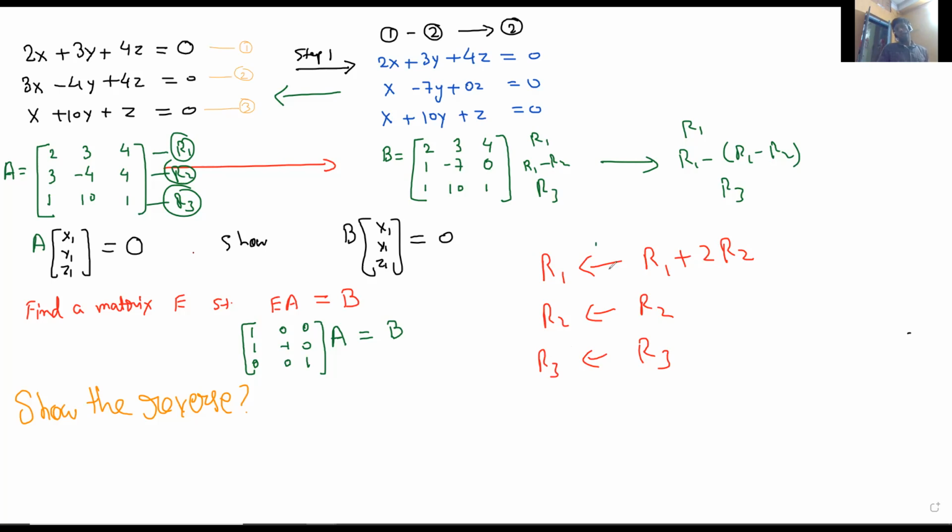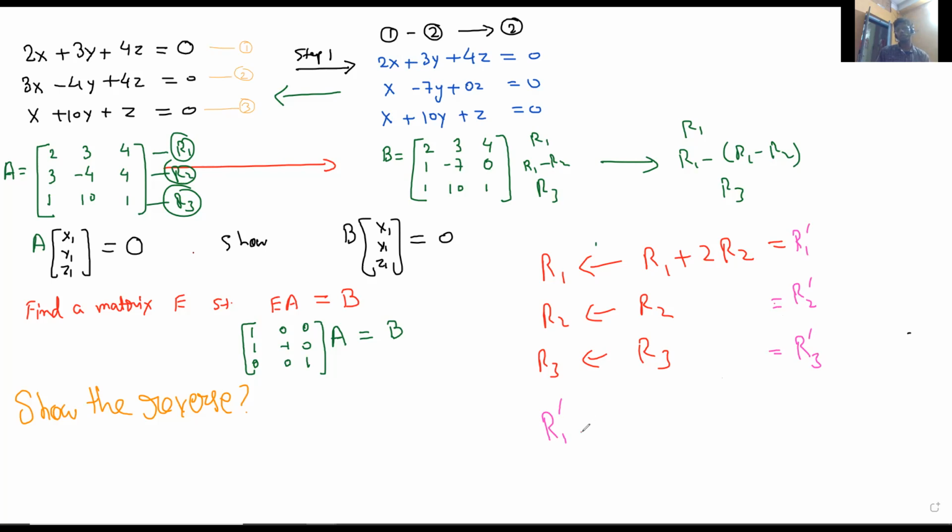So R1 is getting replaced by this. If you want, you can call these R1 prime, R2 prime, and R3 prime.